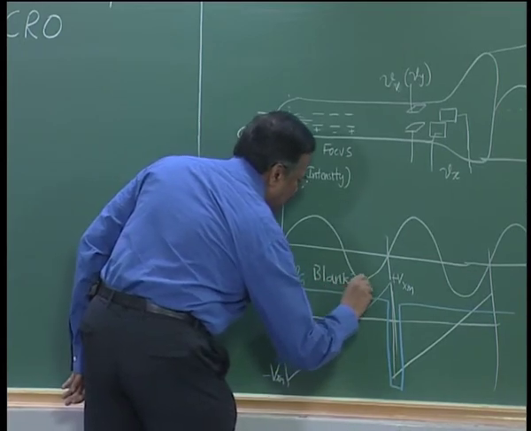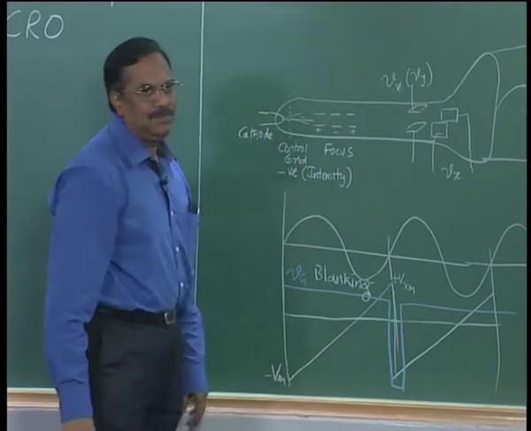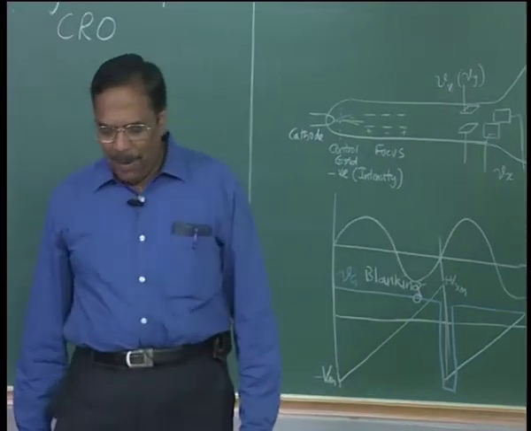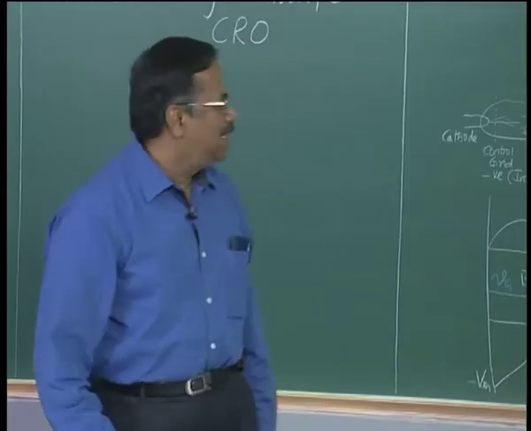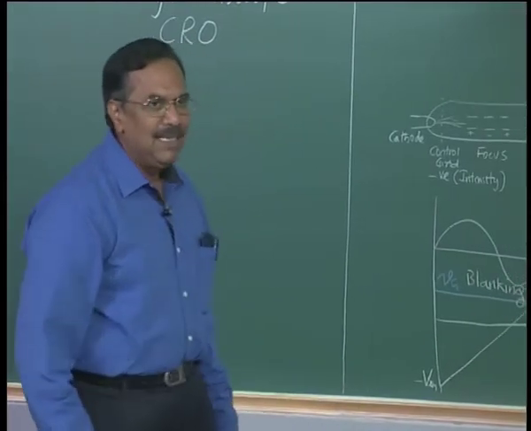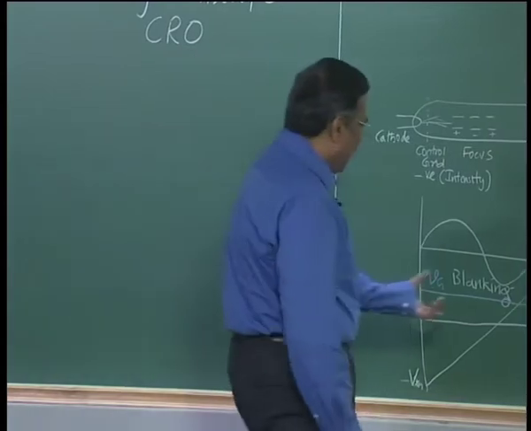When we apply a large negative voltage to the control grid, no electrons are permitted to go across and the beam is switched off, right, and the display will become blank. That is why it is called a blanking pulse.